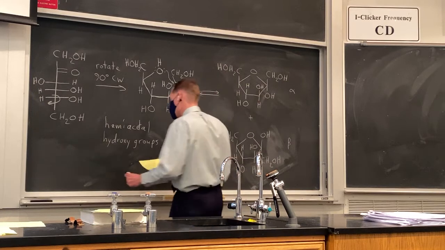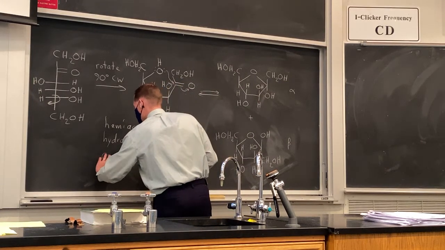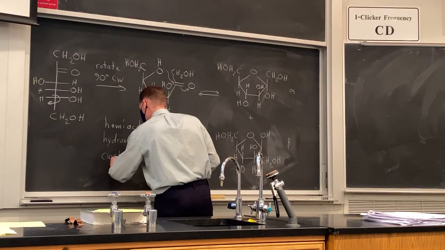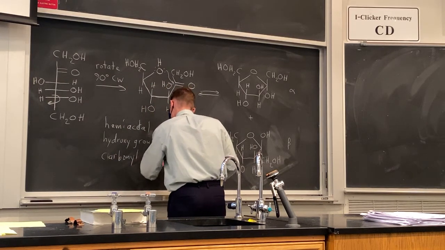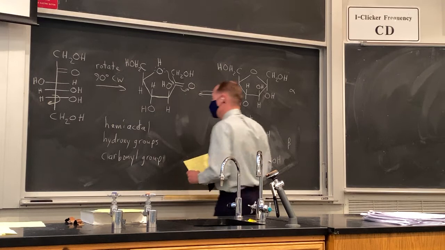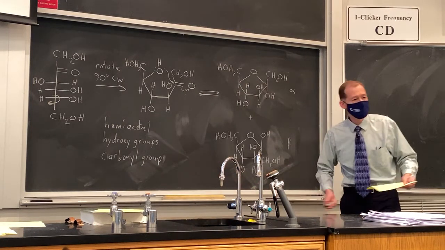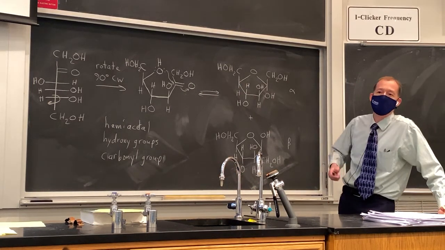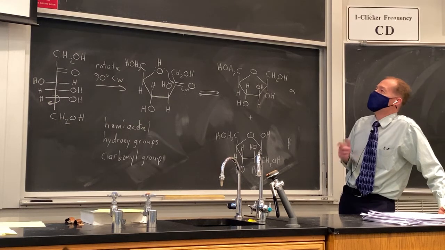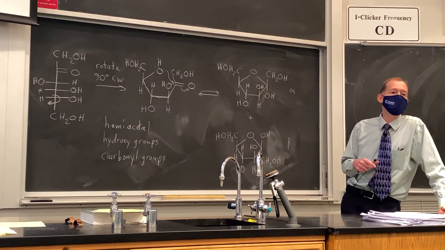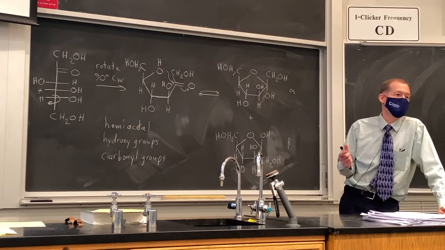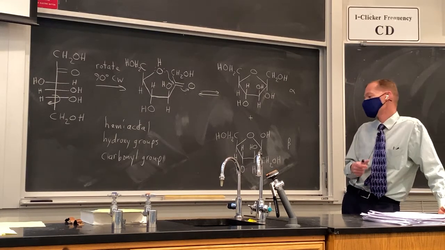And then we can also have reaction at the carbonyl group. You might say, wait a minute, there's no carbonyl group in these cyclic hemiacetals. That is true, but we have an equilibrium, meaning that at any given time we have a little bit less than 1% of the open chain aldehyde or ketone, depending on if it's an aldose or a ketose.